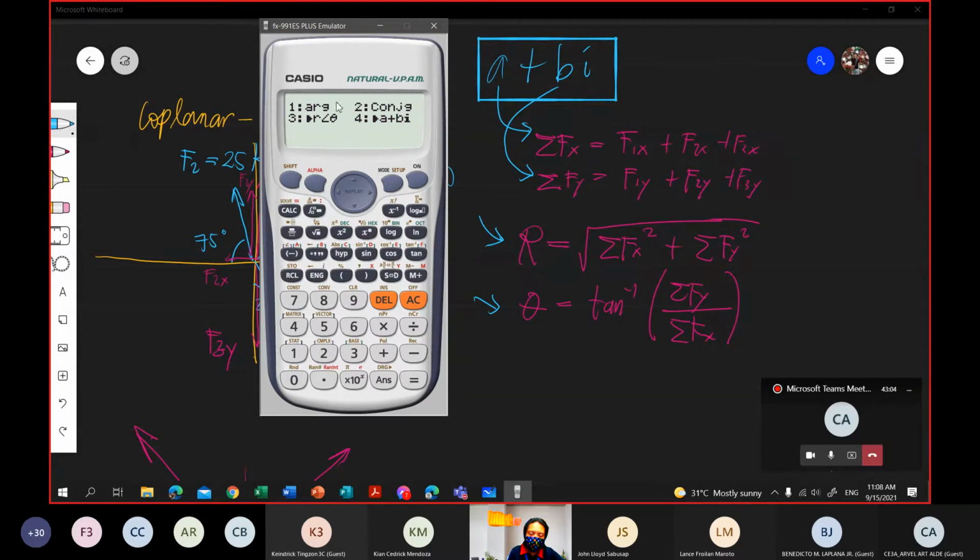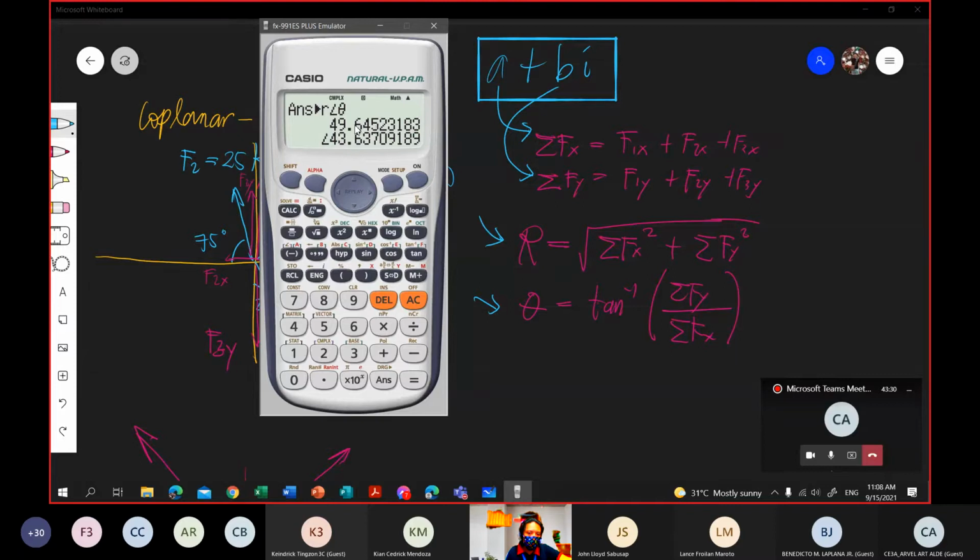We will transform it into the form R angle theta, so we press number 3. You just press equal, and to see everything, press SD.